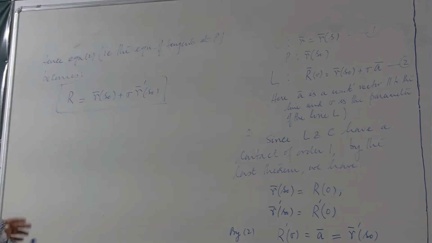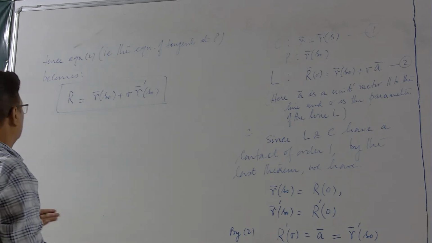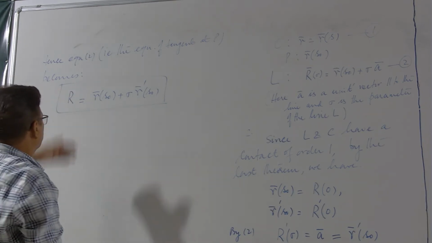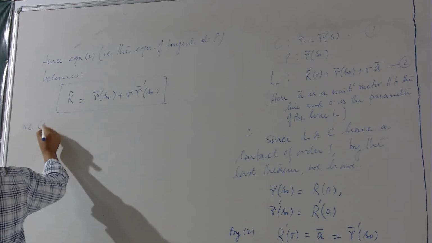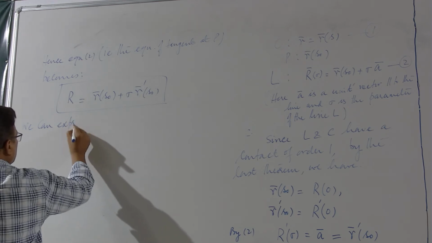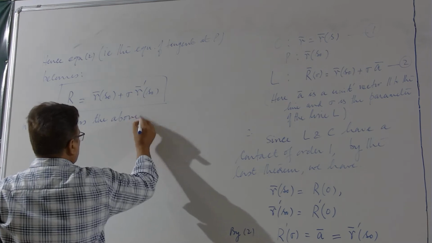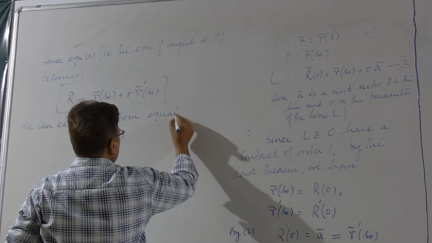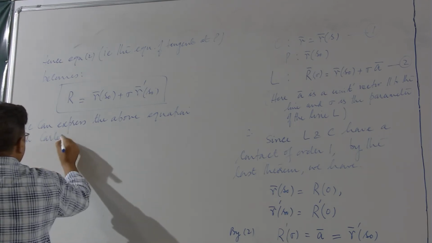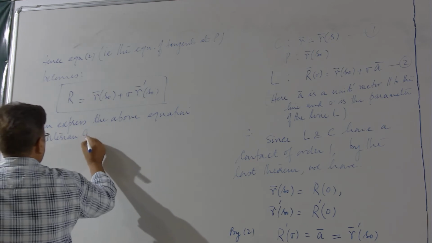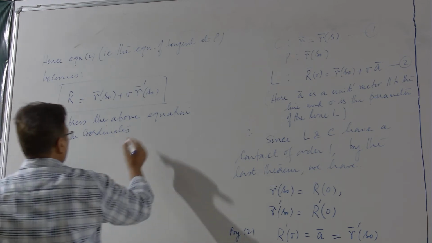Suppose we are given the equations of the curve and the line in Cartesian coordinates. So, we can rewrite this equation in terms of Cartesian coordinates. So, we can express the above equation in Cartesian coordinates as follows.